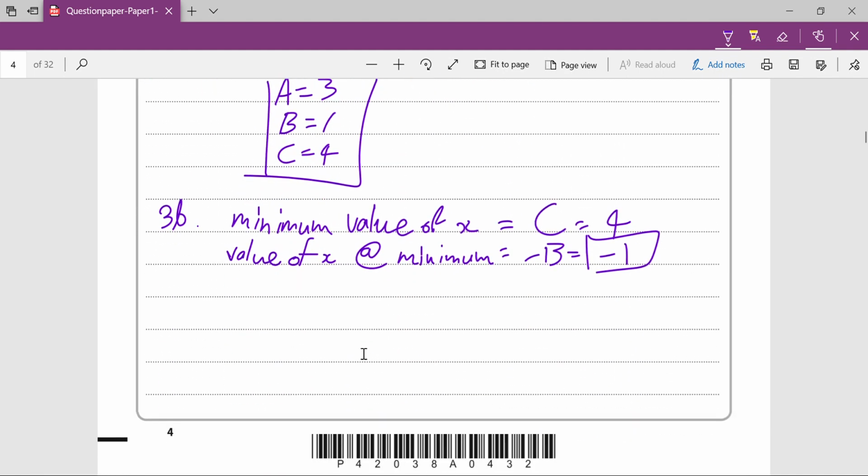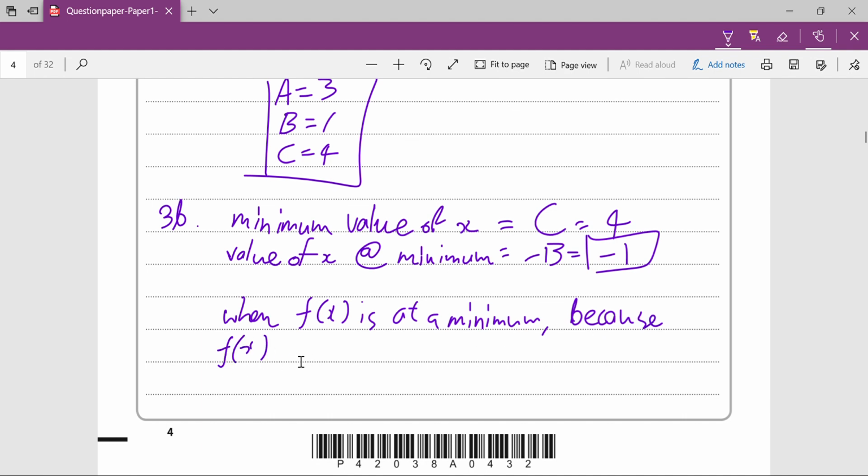So when f(x) is at a minimum, because f(x) only goes to the positive real numbers, the maximum of 1 over f(x) is achieved.